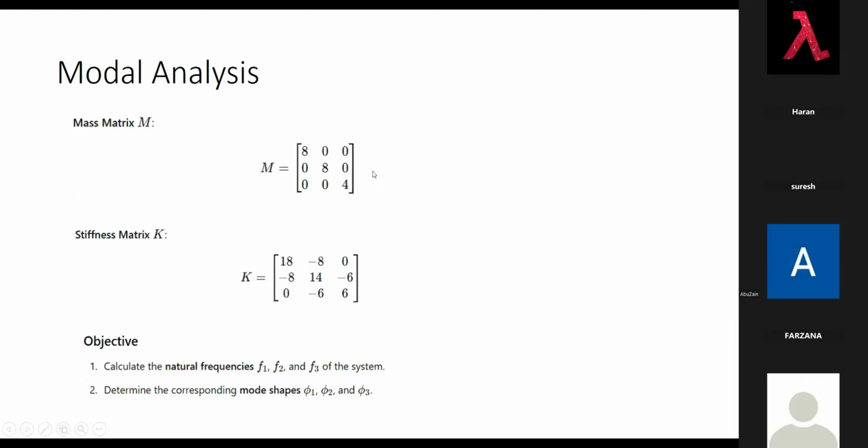Now let's take this small example. This is a 3x3 building. For example, let's say I have a mass. This mass is 8 kg, or 8 ton here, 4 ton, irrespective.